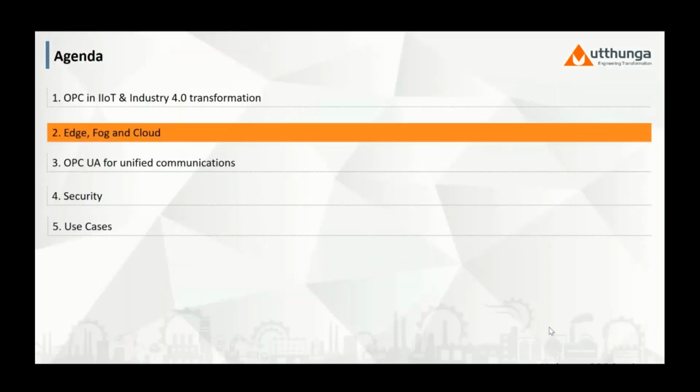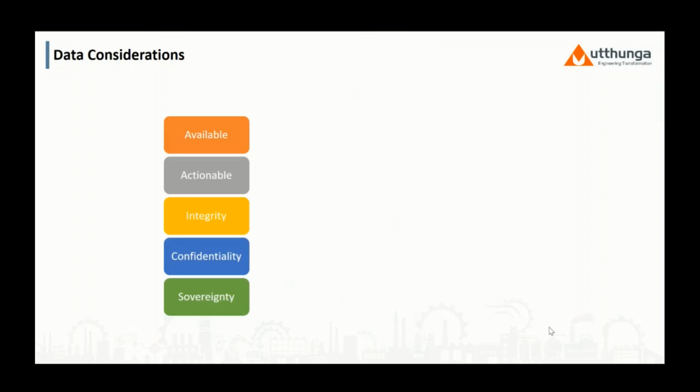So that takes us to the next part: edge, fog, and cloud. Let us understand edge, fog, and cloud from the point of view of data. When you look at data, there are certain considerations. What we want is for the data to be available all the time. We want the data to be actionable.